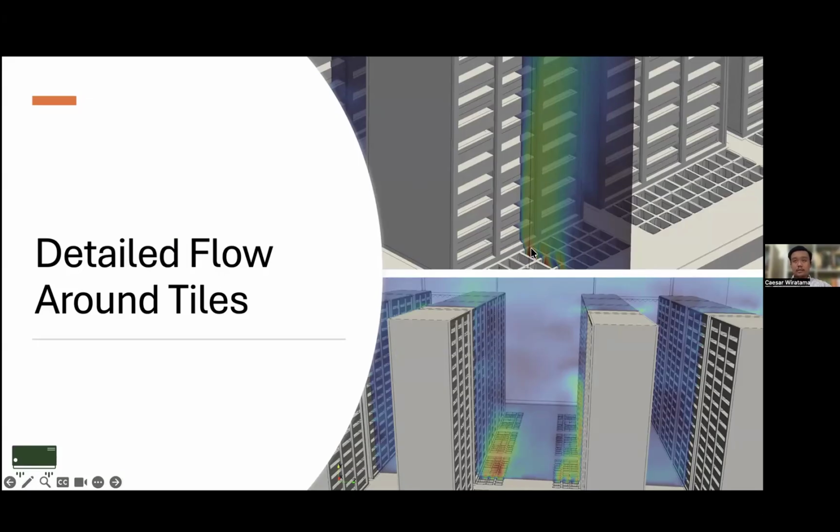Let's say, hypothetically, you can even modify your racks, or choose the best velocity to make sure that it passes through the racks without losing a large amount of pressure drop, but still cools properly. Yeah, the idea is to see the detail so you can make your decision based on this detailed information.